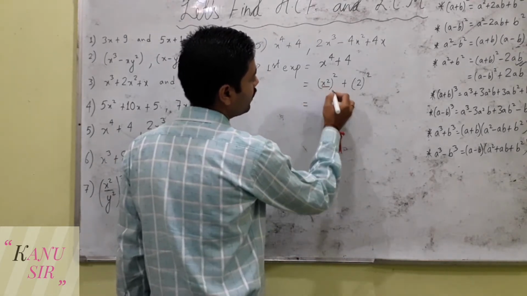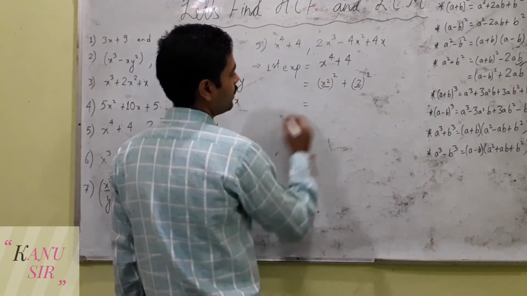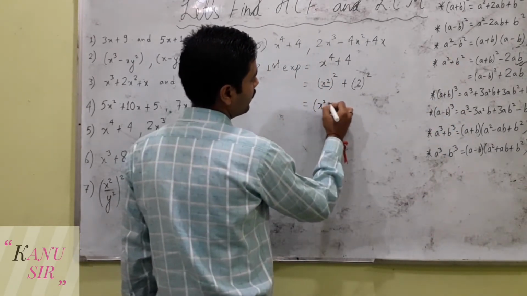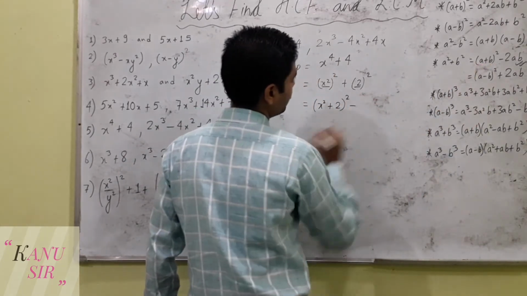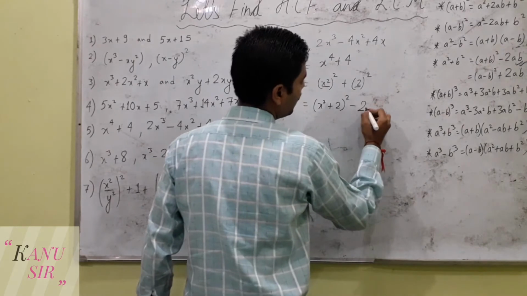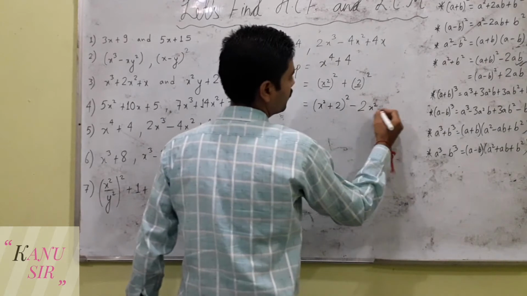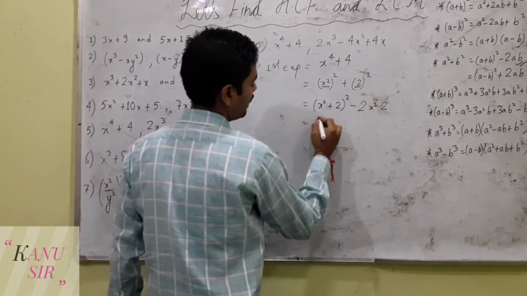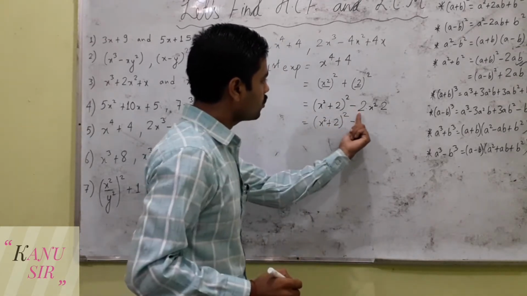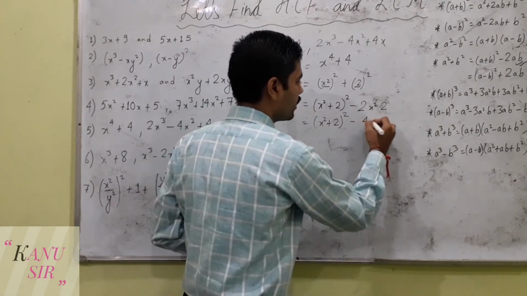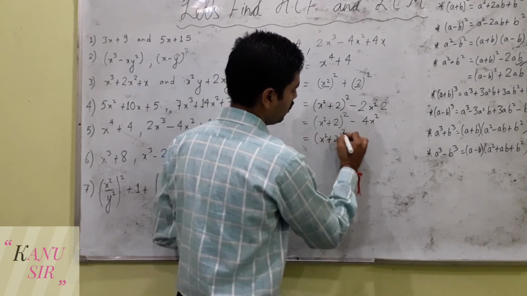So x square will be like a square, 2 will be like b in the formula, then we'll get a plus b whole square minus 2ab, where a is x square and b is 2. After that we will be writing x square plus 2 whole square minus 2 multiplied by 2, that is 4x square.